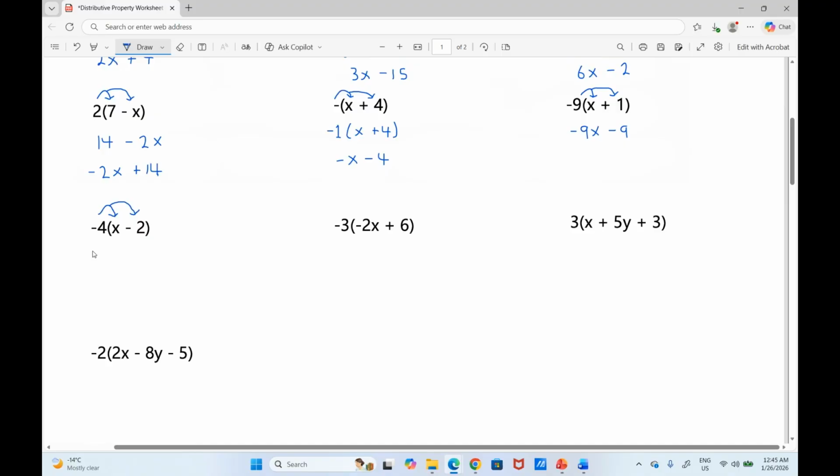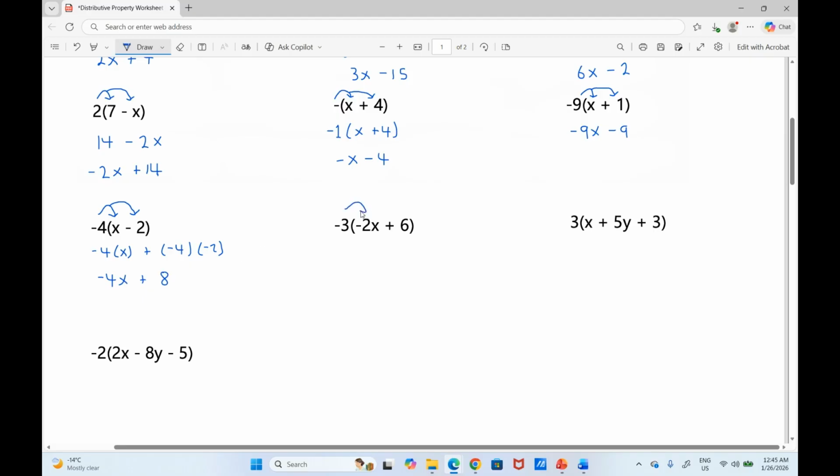Let's write it out: negative 4 times x plus negative 4 times negative 2. Negative 4 times x is negative 4x. And now I have negative 4 times negative 2. Two negatives multiplied together get a positive. So I'm just going to get 8. So my final answer is negative 4x plus 8.